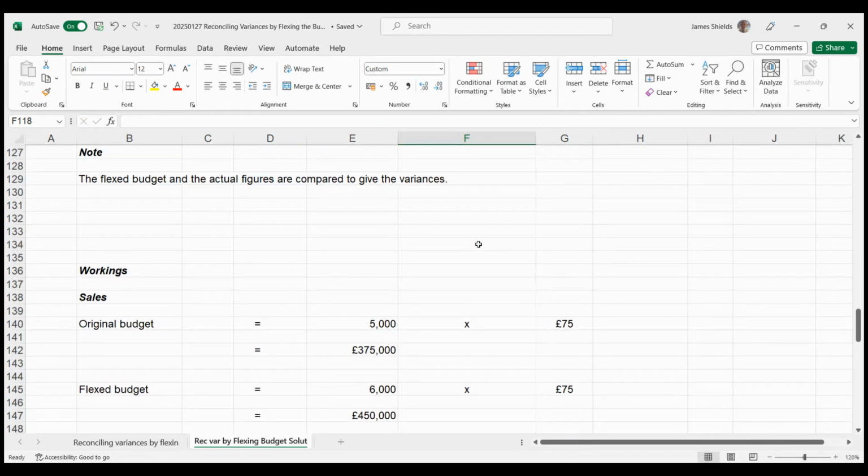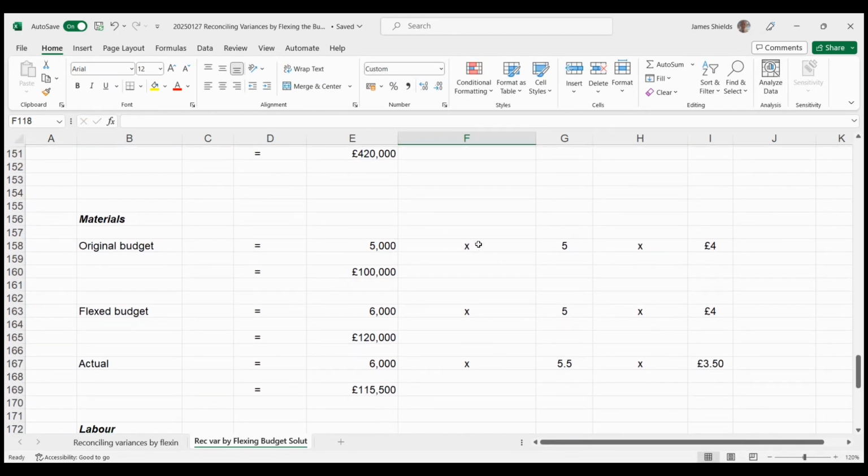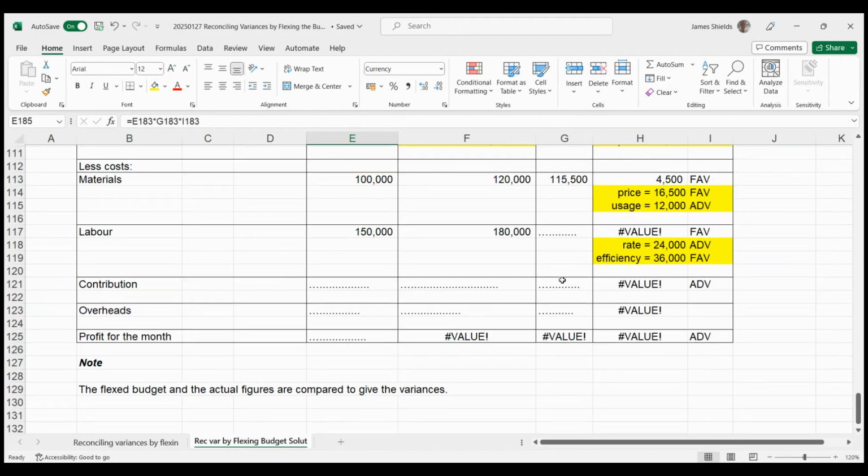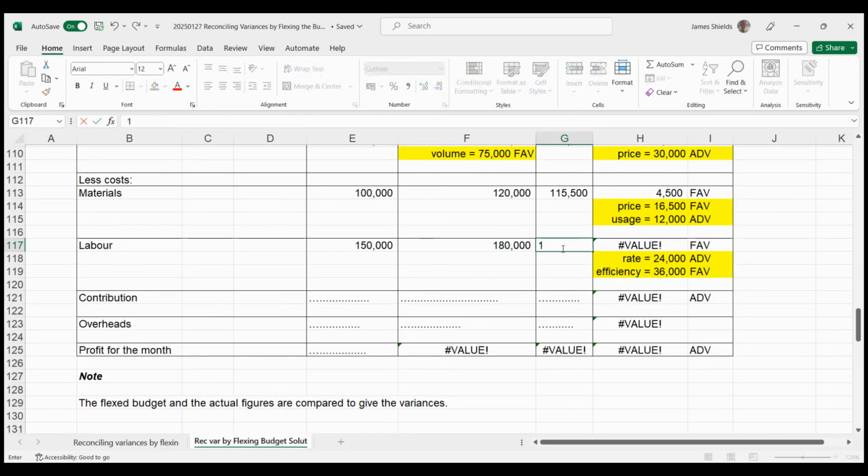Now the actual was 6,000 units, 2 hours per unit at £14 per hour, which is £168,000. So you can see the variance is 180,000 take away 168,000, which gives us 12,000 favourable.